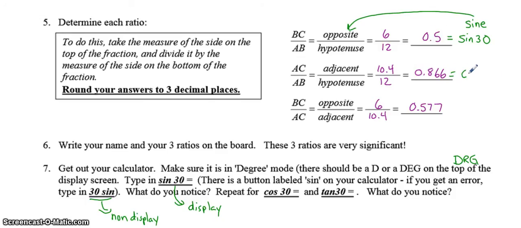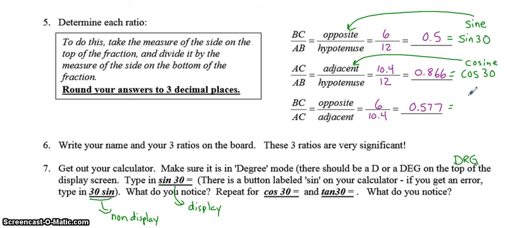The cosine, abbreviated as cos, of 30: in your calculator, if you type cos 30 or 30 cos, you get 0.866. That means the ratio of the adjacent side to the hypotenuse is 0.866.